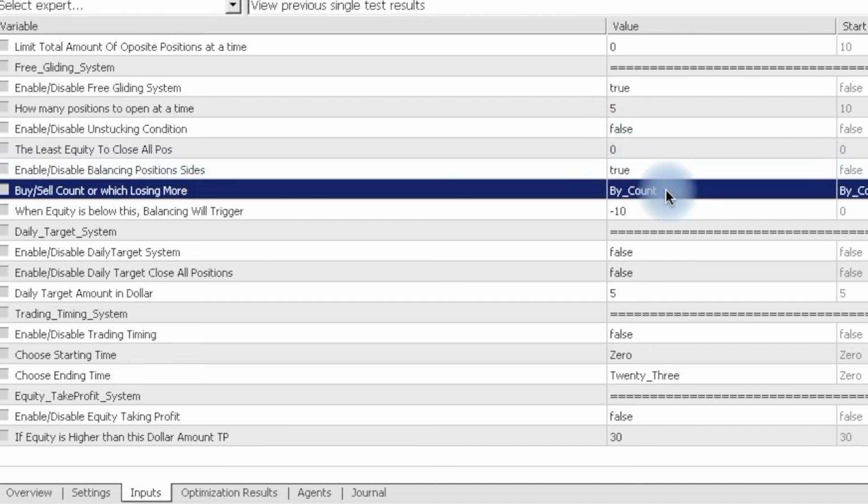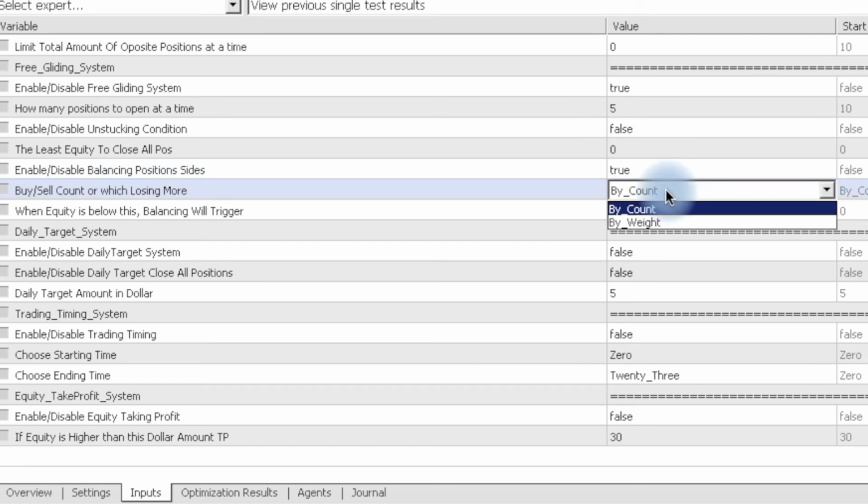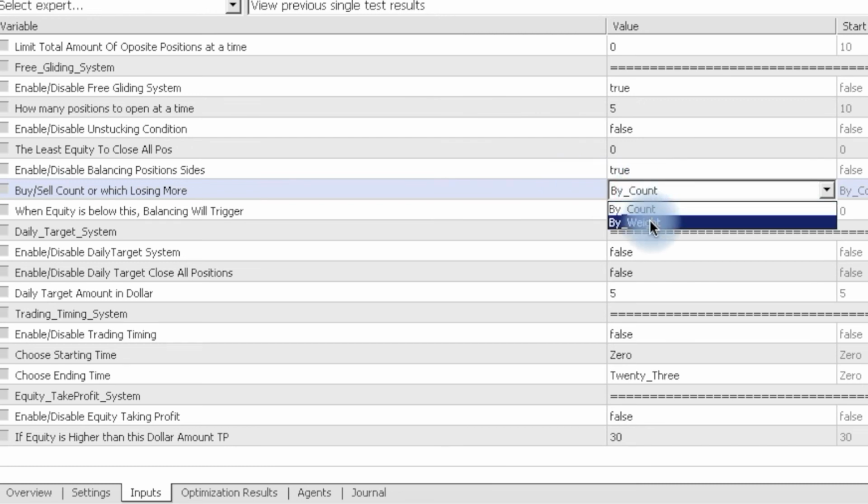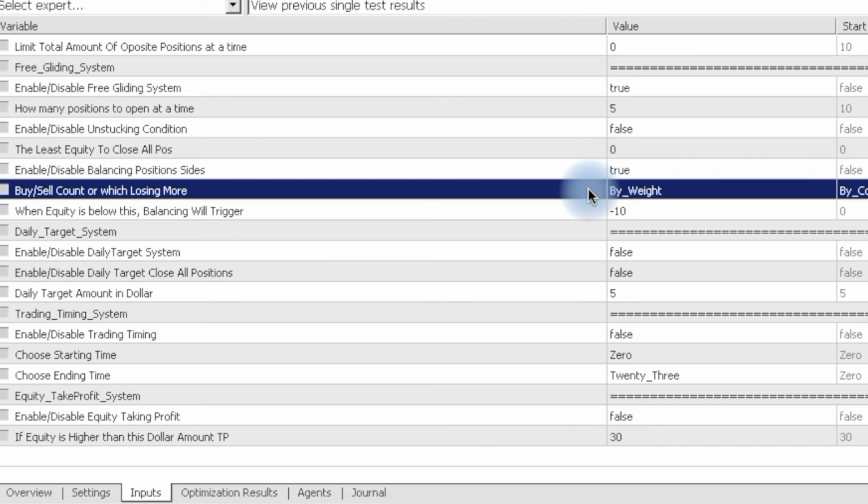Now, this balancing also can be done by weight instead of count. Instead of 2 buys and 3 sells, or 3 buys and 2 sells, no, I want it to be balanced by weight. What is by weight? Basically by the amount of profit or loss each position has.